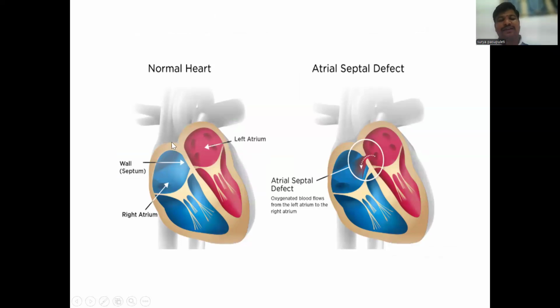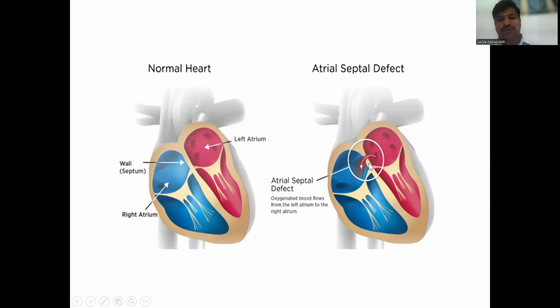Normally, the heart is divided into 4 chambers, and both atria are separated by the atrial septum. But here, as we know earlier, there is an opening between the right atrium and left atrium, that is the foramen ovale. If the opening after birth is at the foramen ovale, that is called ostium primum.